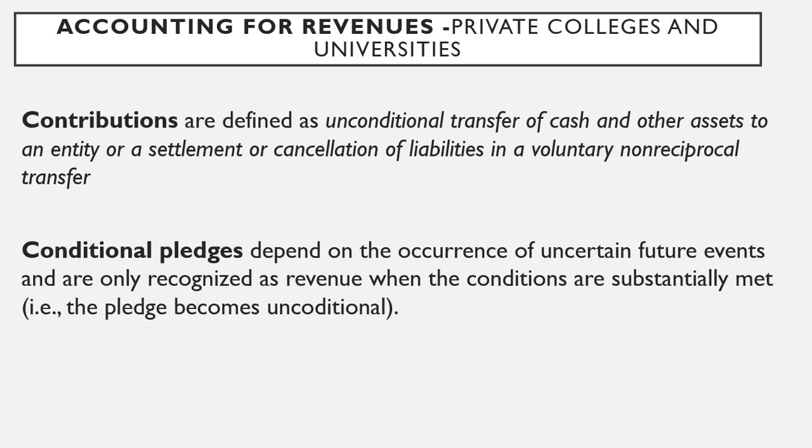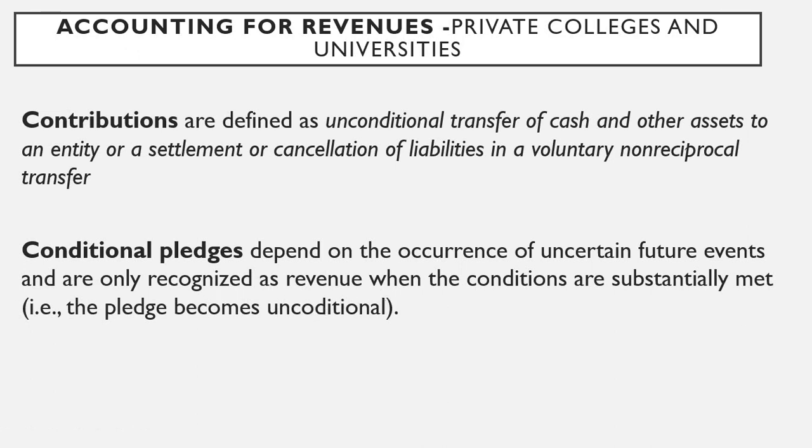Conditional pledges, on the other hand, depend on the occurrence of uncertain future events. So with pledges, there is a conditional promise depending on the occurrence of uncertain but future events, and they are only recognized as revenue when the conditions are substantially met. So the pledge becomes unconditional.